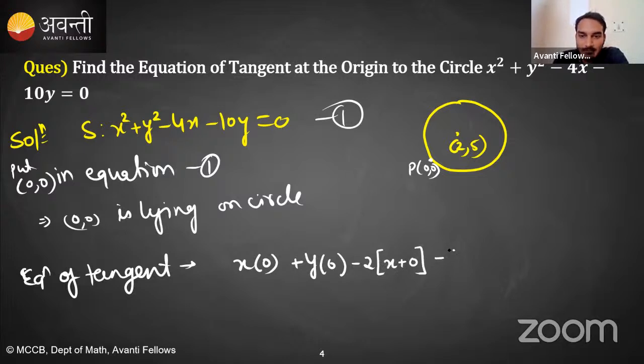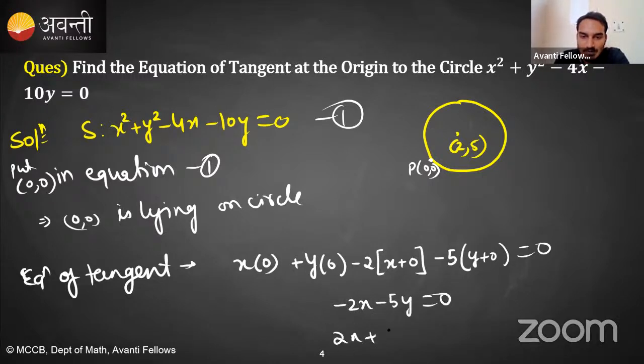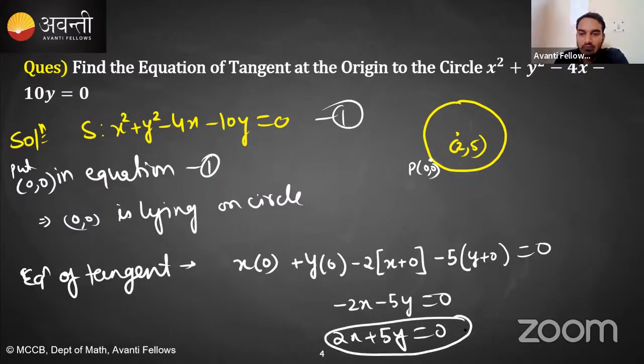Similarly, take 5 common, so minus 5, and now we are left with 2y, which can be replaced with y plus y1. The constant is 0. So this is nothing but minus 2x minus 5y is equal to 0, so 2x plus 5y is equal to 0 is the equation of tangent. This is the answer. Clear?